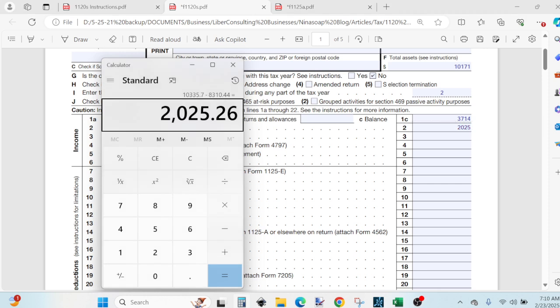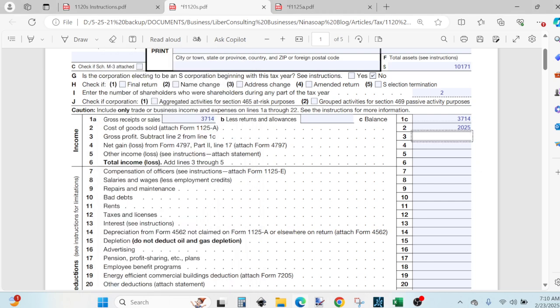So 3714 minus 2025 is giving you 1689. Net gain, so if you have anything that will go on form 4797 part 2 or line 17, you can read the instruction related to line 4 to see if you have anything that is related to it.